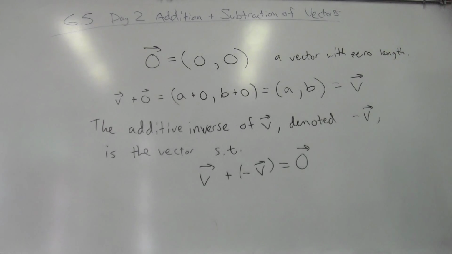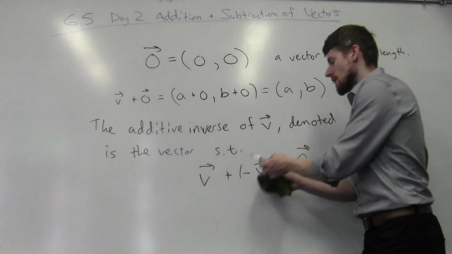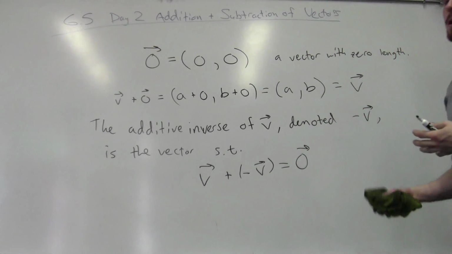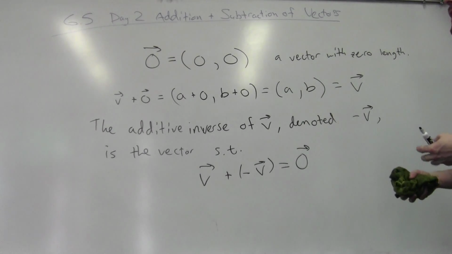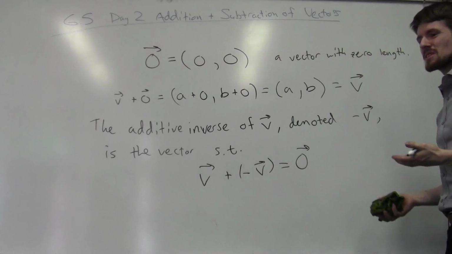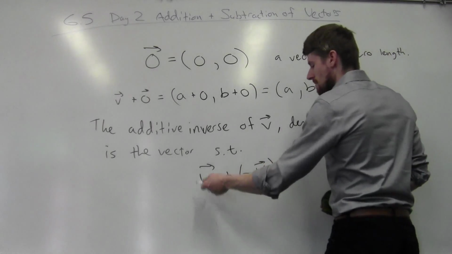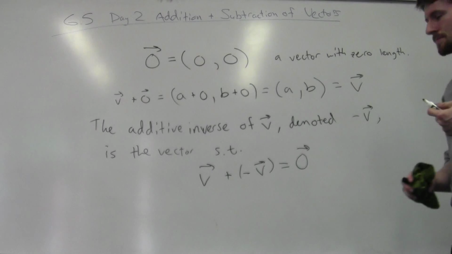So that's the key behind the reason why we create this zero vector, so that we can create additive inverses so that we can then talk about subtraction of vectors. If we don't do all this machinery behind the scenes, then we don't end up having a really strong understanding of what is subtraction doing, what is subtraction of vectors. If you add a vector and its additive inverse, you get 0 out.